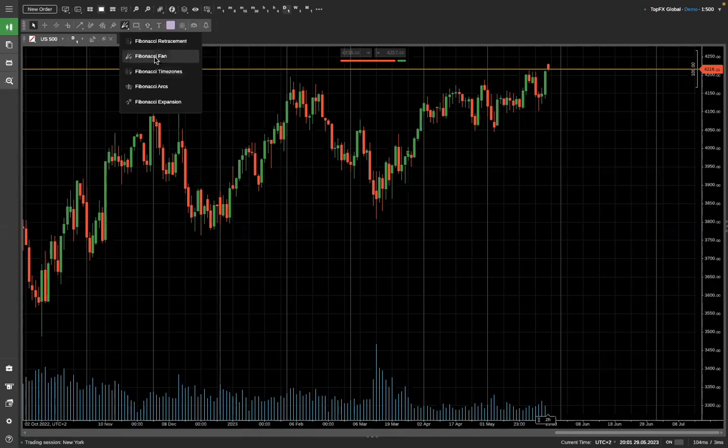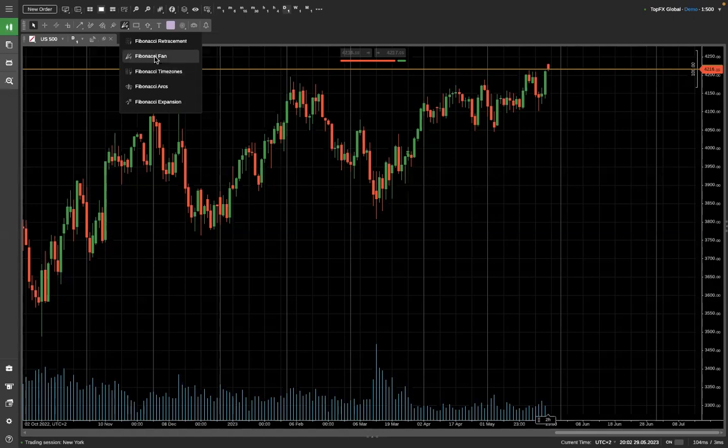So Fibonacci Fan, what it is and how it works. As you can see, you can find the Fibonacci Fan under the usual menu for the Fibonacci tools in cTrader. You need to remember that the Fibonacci Fan is a charting technique that can be used in technical analysis and, of course, uses the Fibonacci ratio.